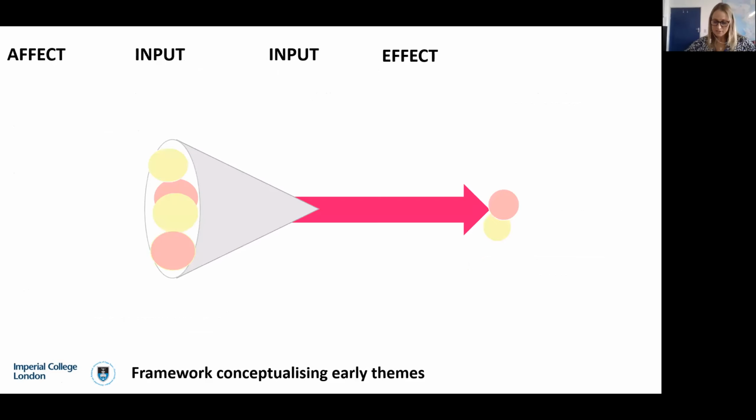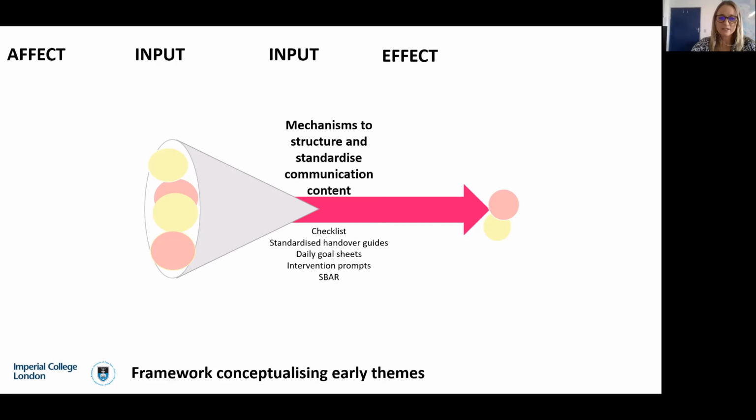So really just as a very early outcome from the study, we have found that effective mechanisms of communication are about how we structure and standardize communication to ensure that no information is left out.